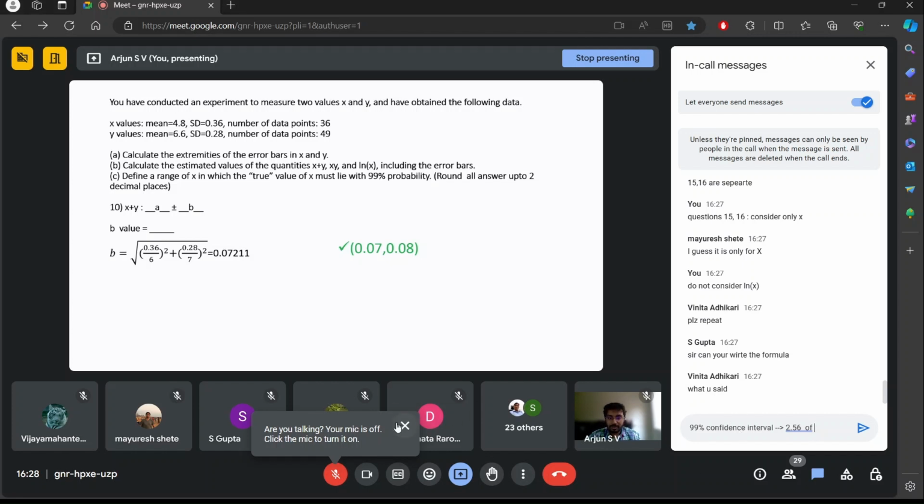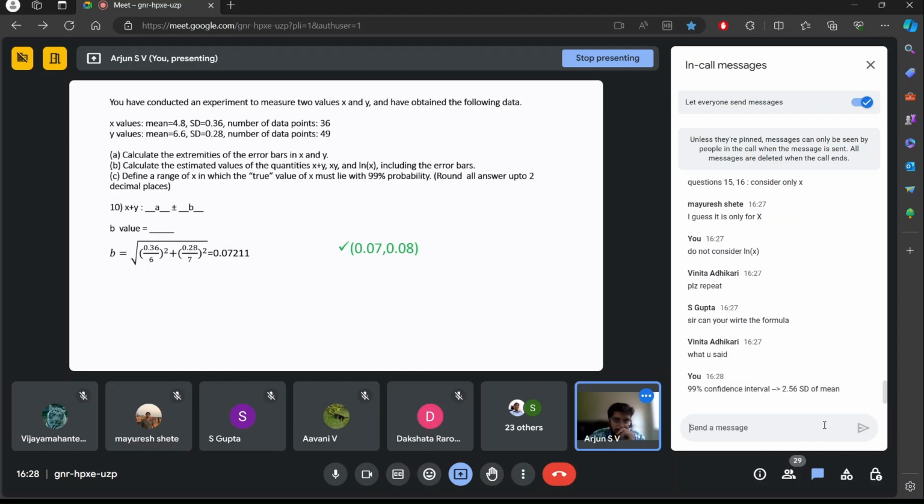Sorry, I think my mic went off. So yes, a 99% confidence interval means that you are covering around 2.56 standard deviations of the mean. You already have the mean and the standard deviation, which is 0.6.